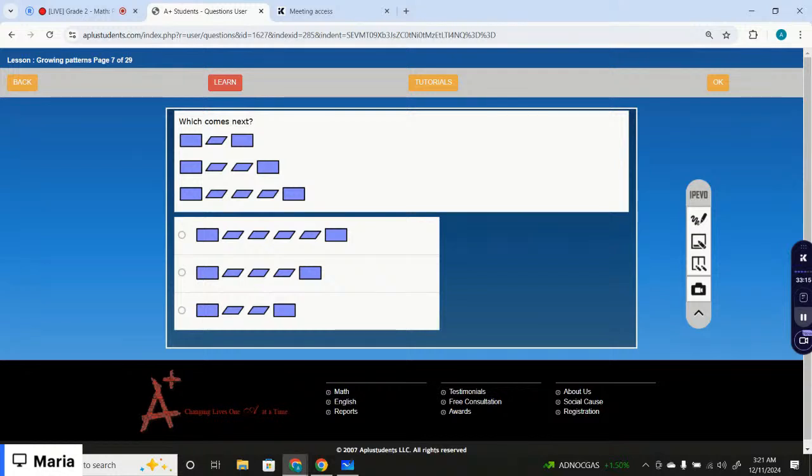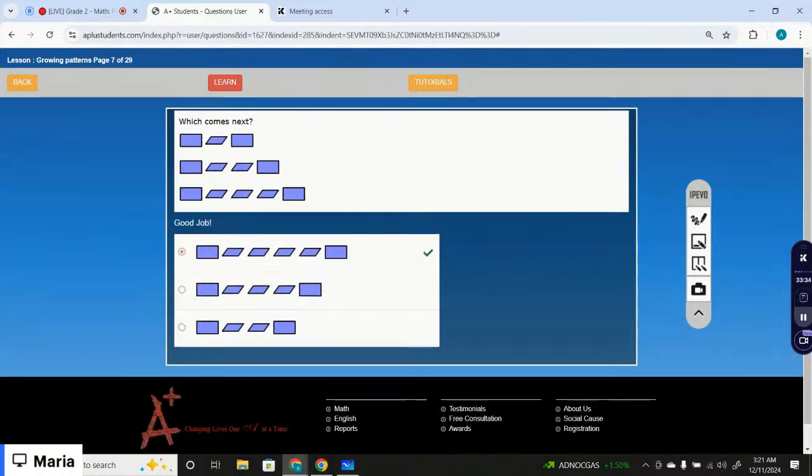Option number 1 is the correct option, right? The rectangles are growing. So option number 1 is the correct option.